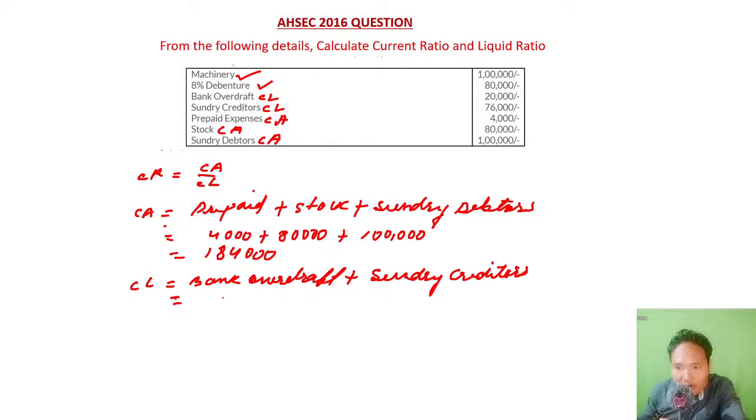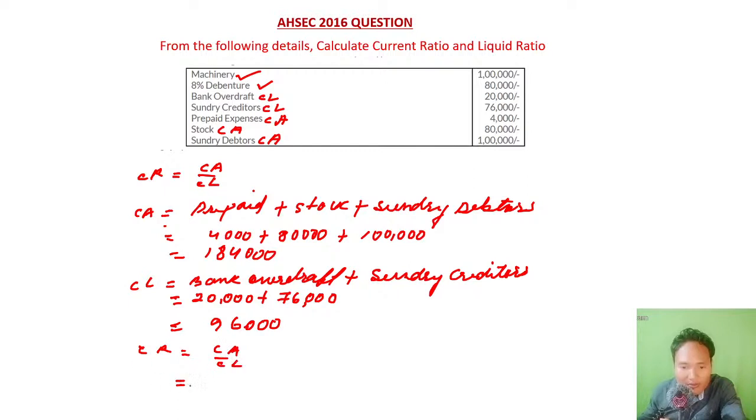The amounts are 20,000 and 76,000. 20,000 plus 76,000, and the total amount will be 96,000. As we know, current ratio is equal to current assets by current liabilities.